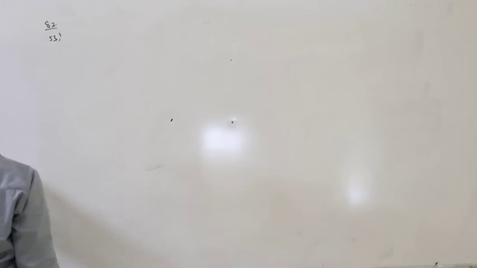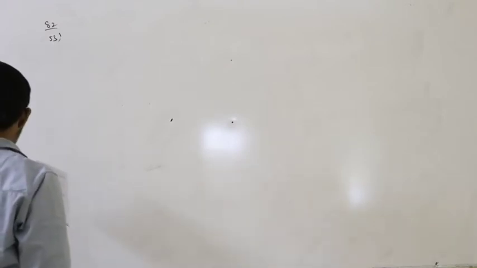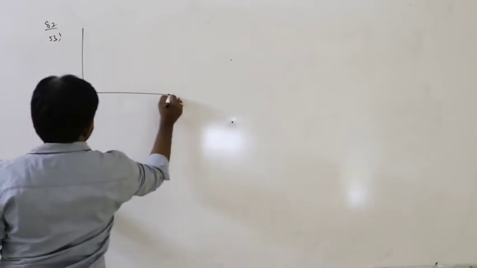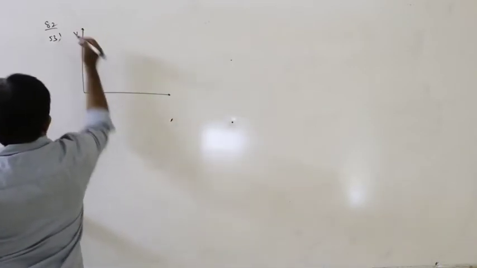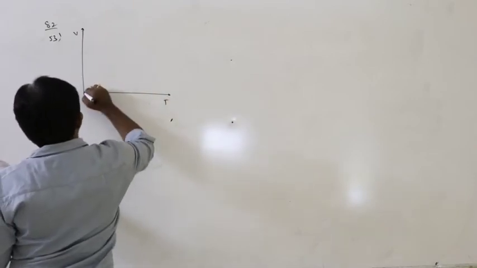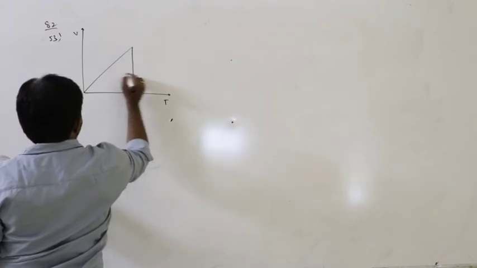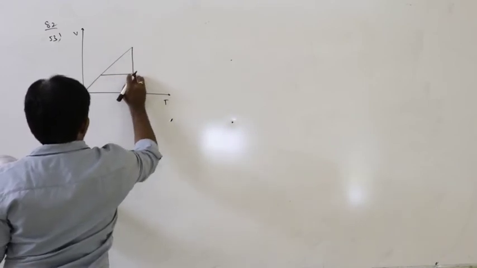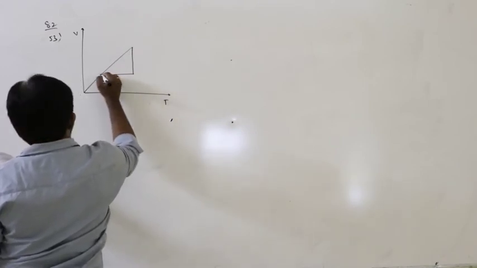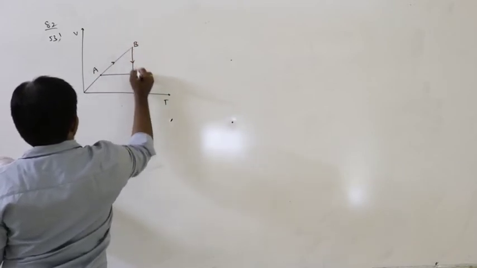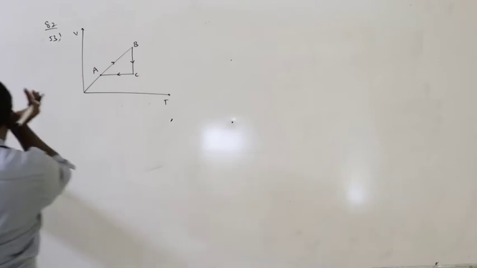The graph is given between volume and temperature. This is volume and this is temperature. The shape of the graph will be like this. So this is the point A to B, B to C, C to A.